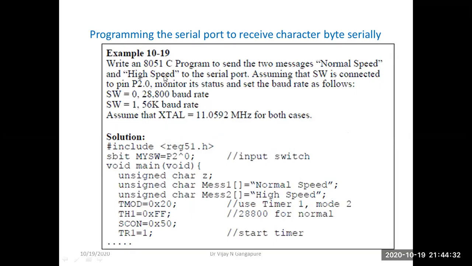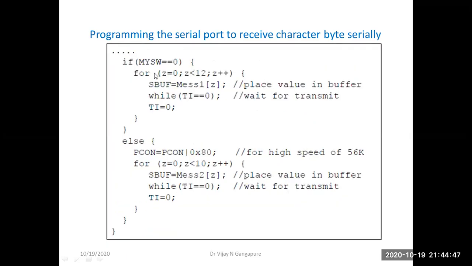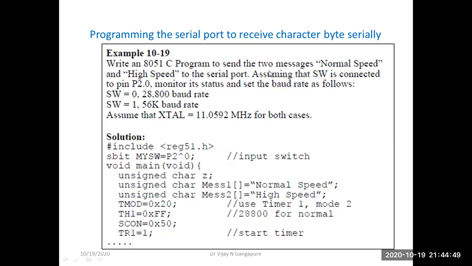And the last program on the serial port: to receive a character byte serially. Write an 8051 C program to send two messages. Write a program to send two messages, normal speed and high speed, to the serial port, assuming that a switch is connected to pin P2.0.